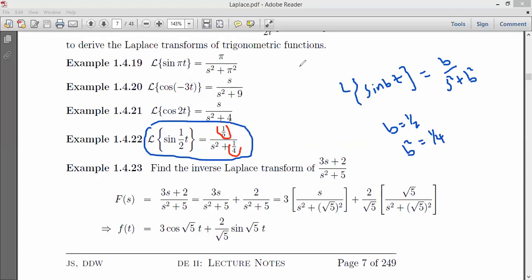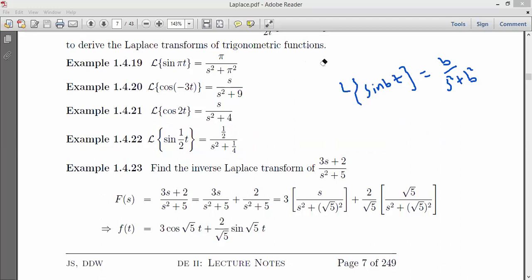Okay. Then, if I remove this, right, then what about cos? For cos, we have already said that the Laplace of cos bt, this one we have already looked at.